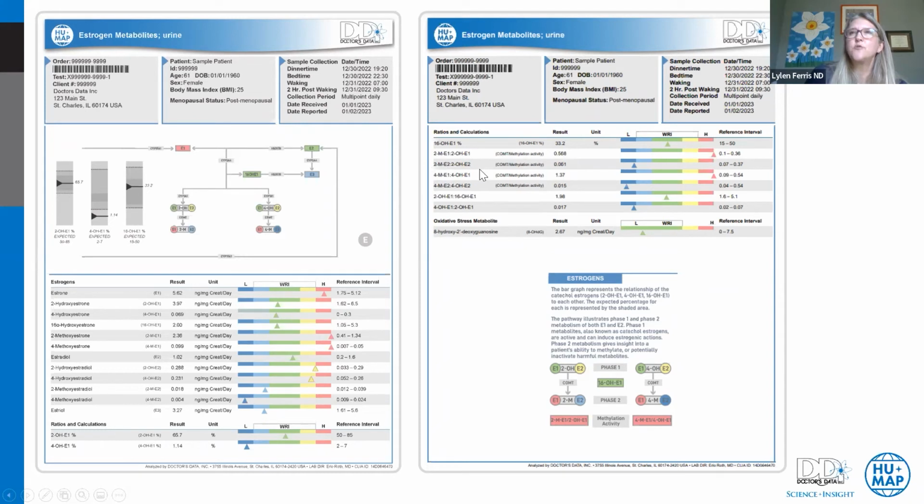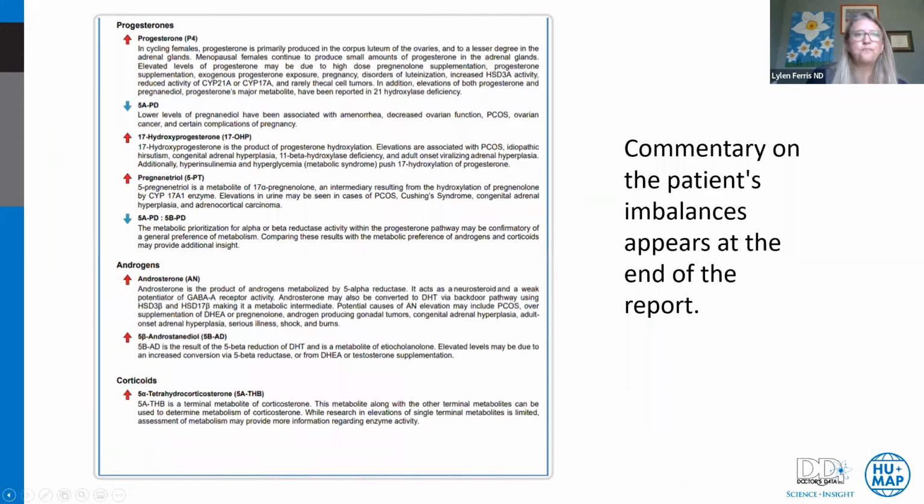But if we look at the estradiol ratios of those same numbers, we can see it's not quite as efficient. So this is an indication that even though we have really efficient methylation of estrone, it's possible this patient could actually still benefit from some methyl support. So don't forget to dive into these neighborhoods if there's something you want to keep an eye on in particular.